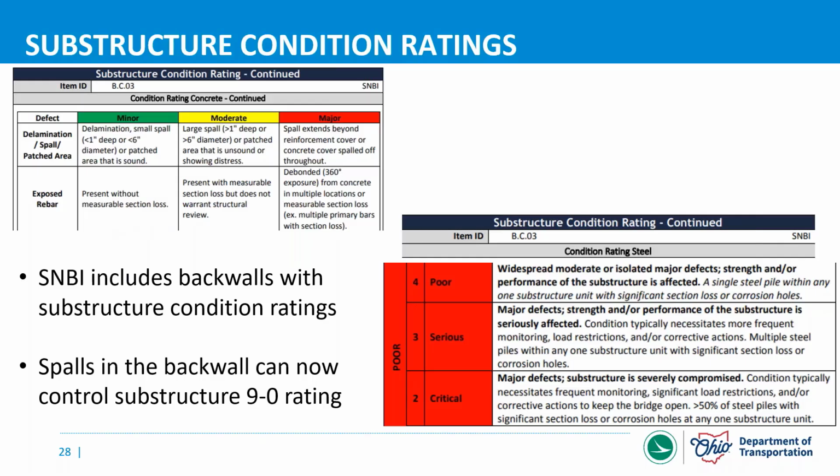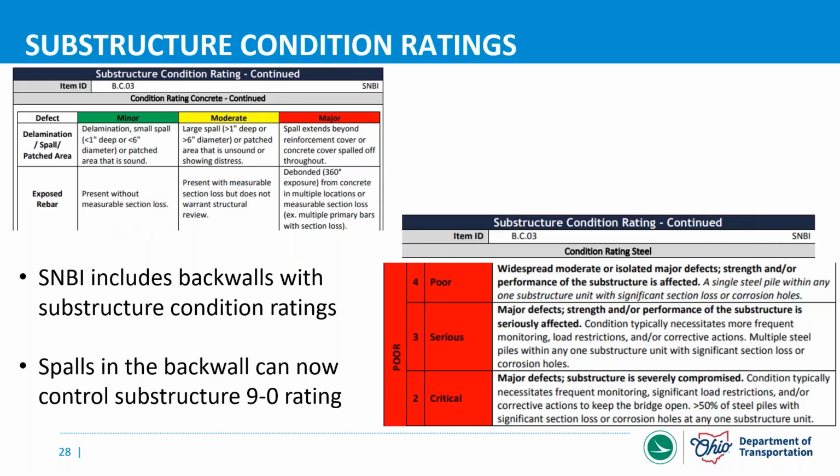So if you see spalls in your back wall, a lot of times due to seized joints above or something of that nature, that is now affecting your substructure 9 through 0 rating. So, in situations where I've seen spalled back walls and a bridge still rated as high as a 7 sometimes, you're going to be down into that 6-5 range, depending on extent and severity, because they are now considered part of the back wall.